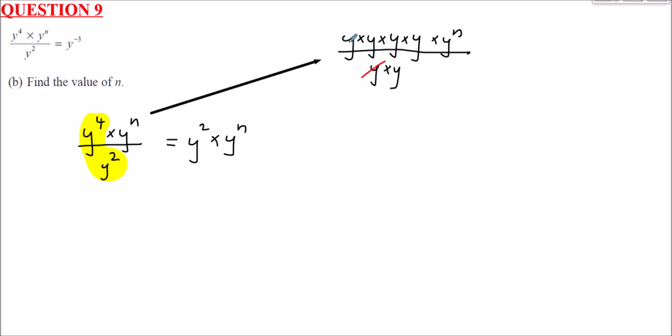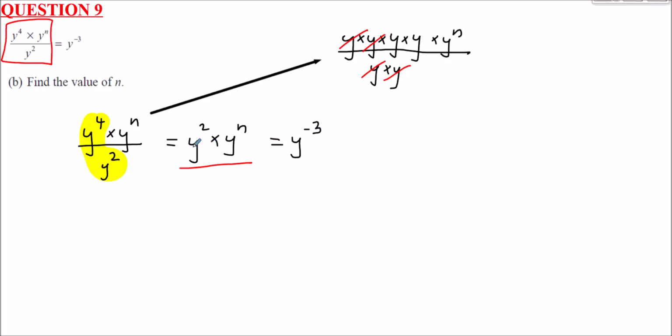So that y will cancel with that y, this one with that one, which will just leave us with y squared on top, y times y, multiplied by y to the power n. So therefore, we can say this, which is this thing here, must be equal to y to the power negative 3.